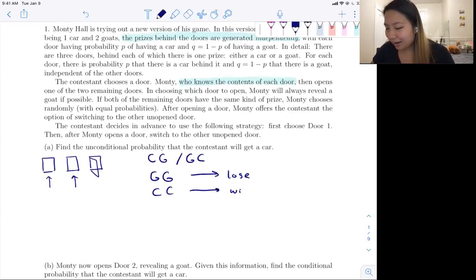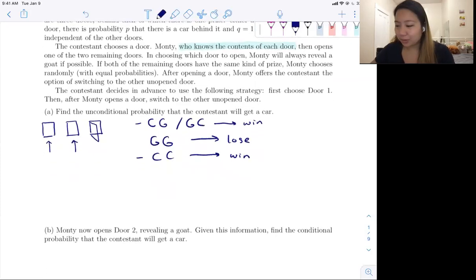So we win here. In the CG, GC case, Monty is going to open the goat, and then we must get the car, so we always win in this case. So this comes down to computing the probability that we're in one of these winning cases, or I guess you can also compute the complement of the goat-goat case.